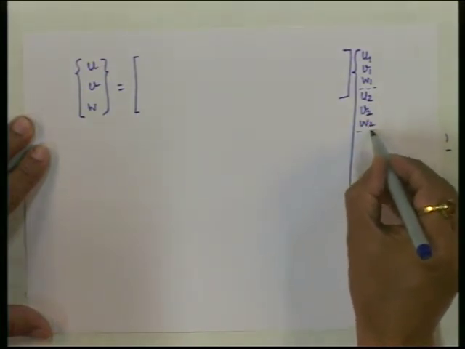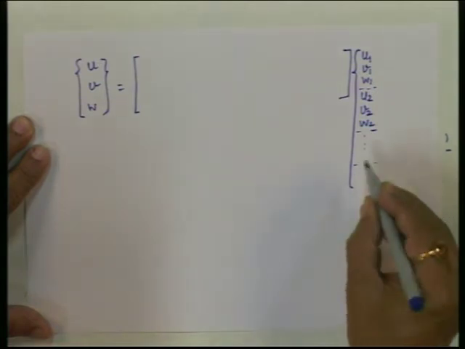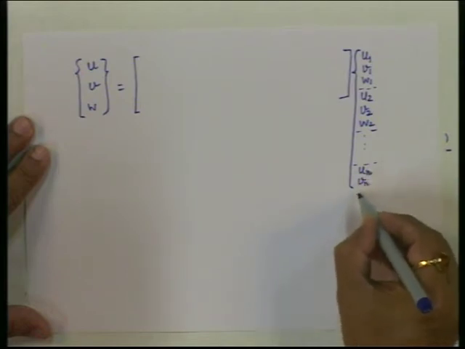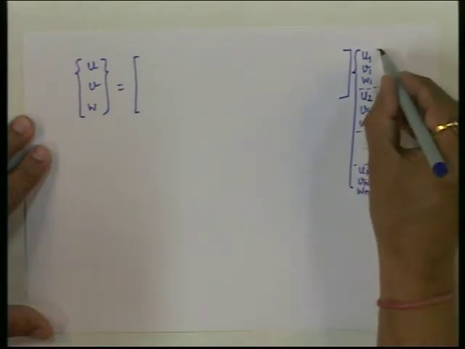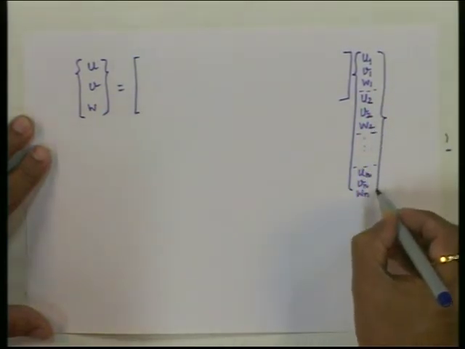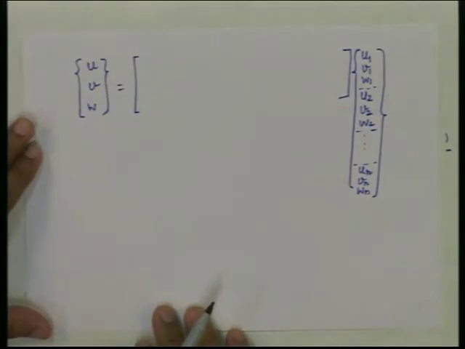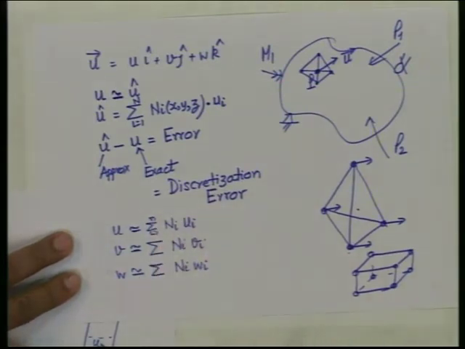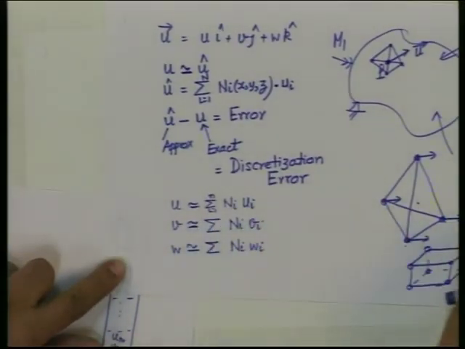It all depends upon you how you want to write it down. In the previous one I had written in index notation, with I going from 1 to n, the number of nodes. Is it okay?